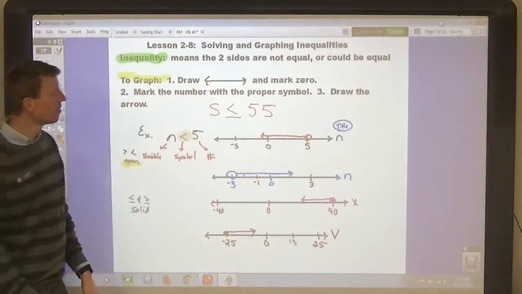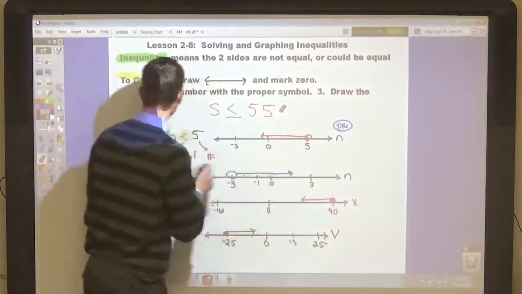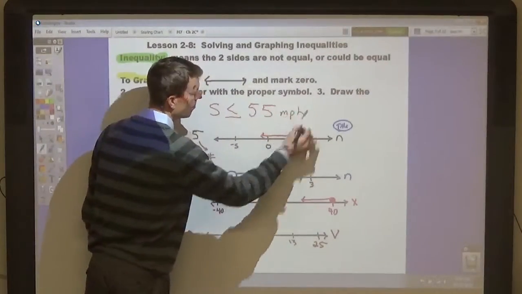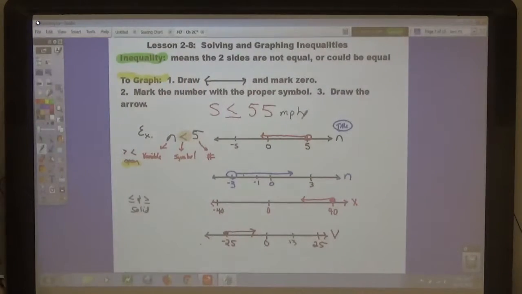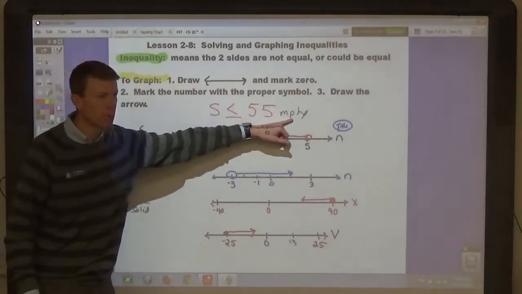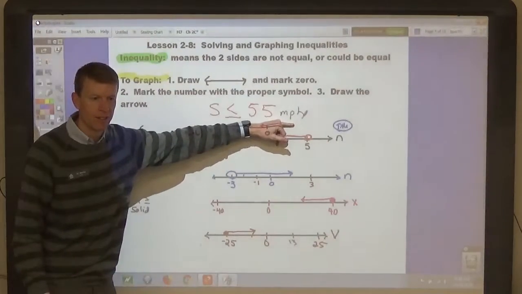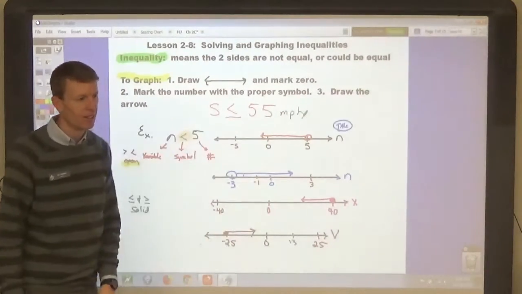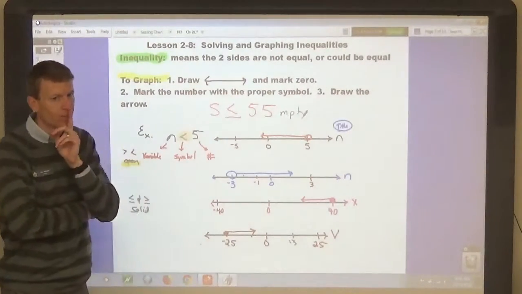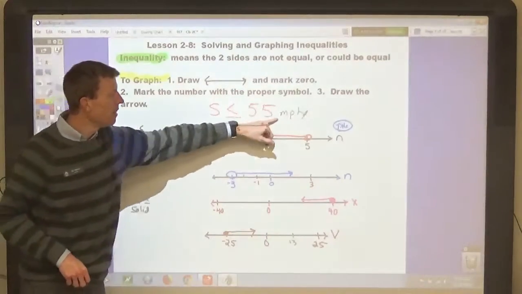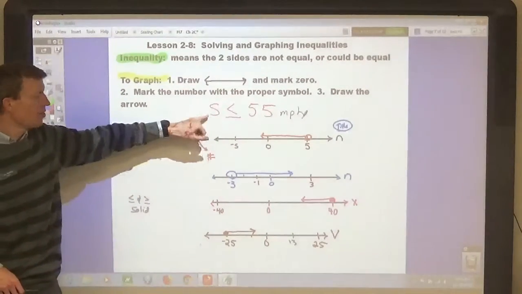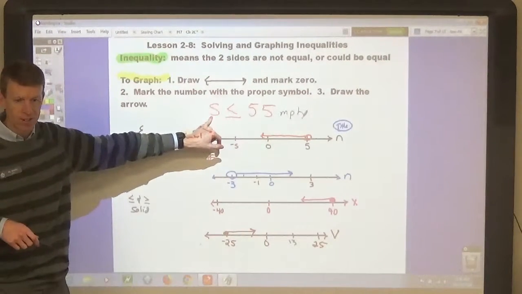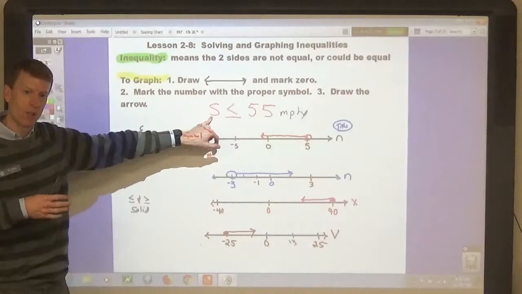Now, you might see this on a road sign, for example. Miles per hour. Have you seen the sign that says 55 miles per hour speed limit? If you've seen this, it means that you can drive a speed of 55 miles per hour or equal to or less.